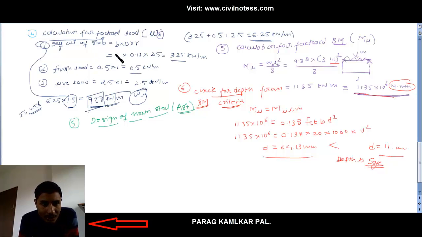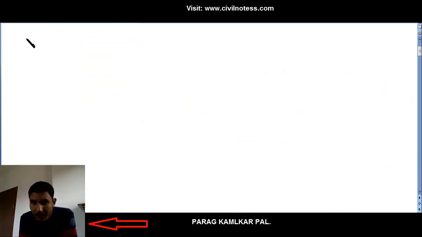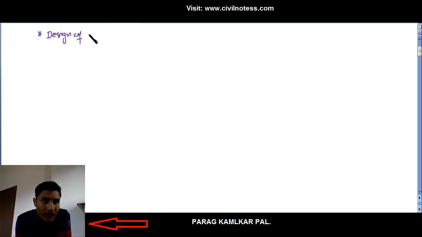So you all know the formula we have for the Ast. For this numerical of the one-way slab, the next step I have taken is the design of main steel.